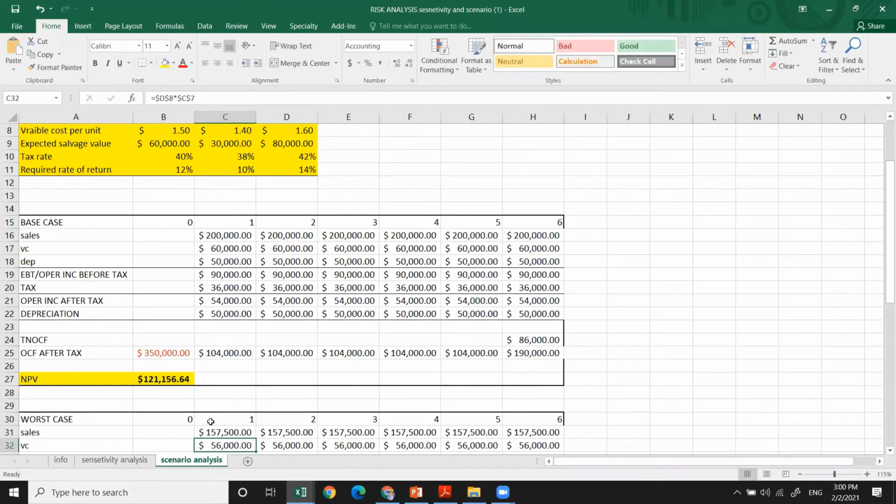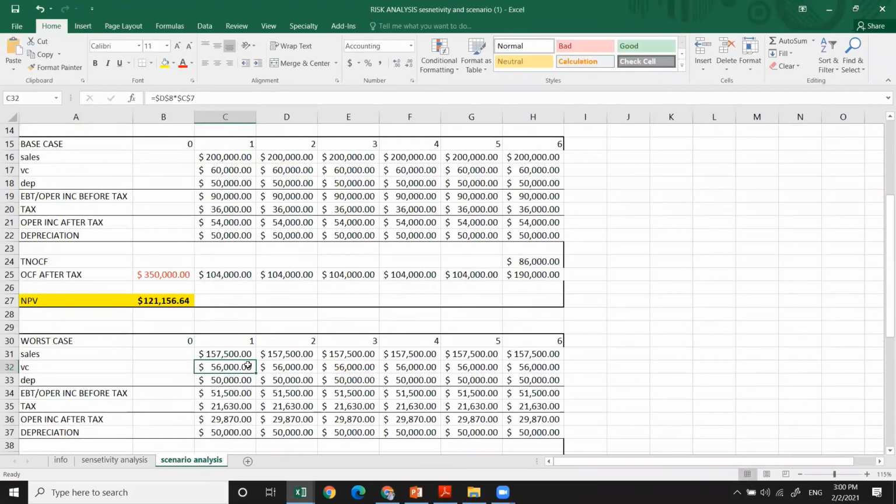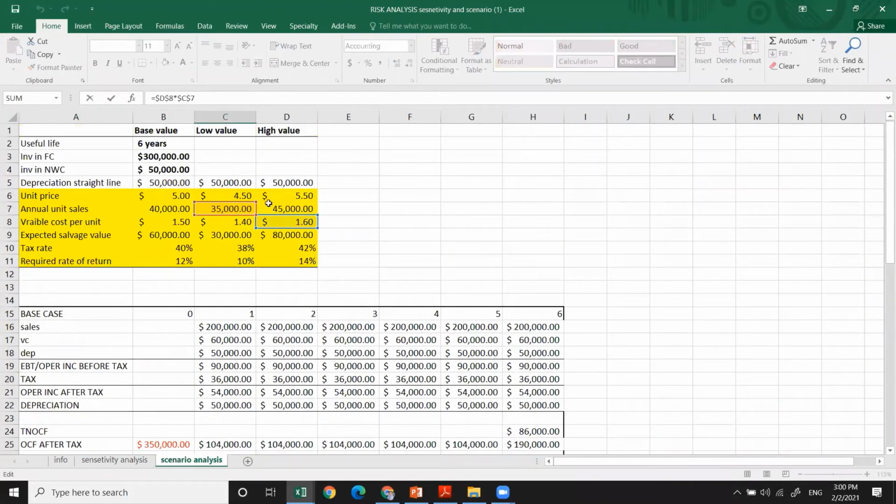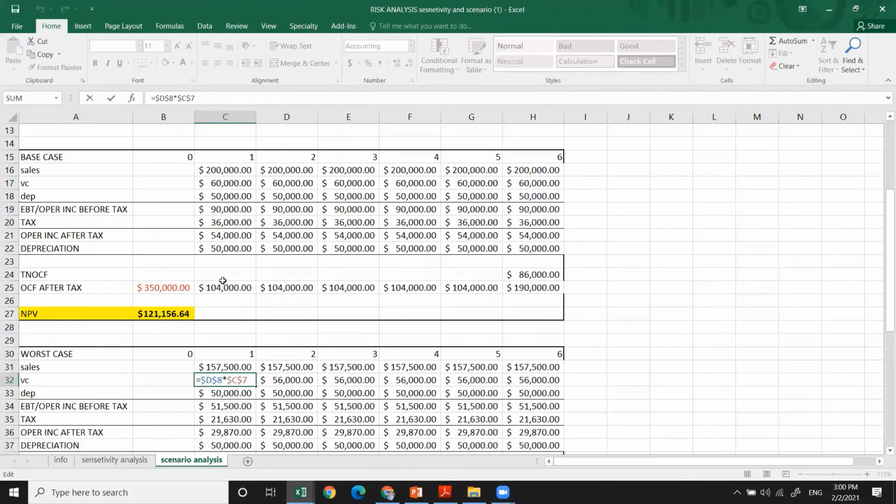And we will sell the same number of units, but with the highest cost. So we overestimated cost and underestimated the profits in the worst scenario.